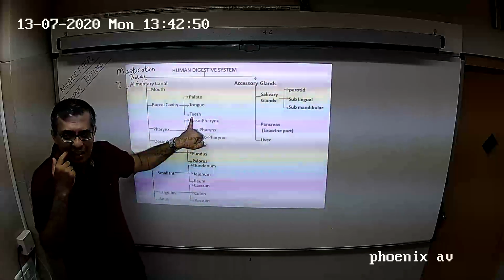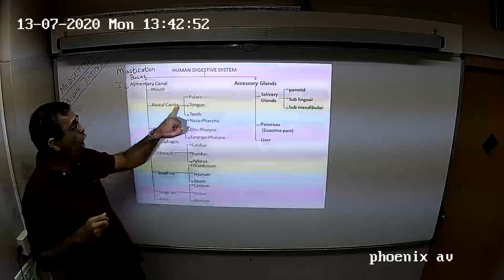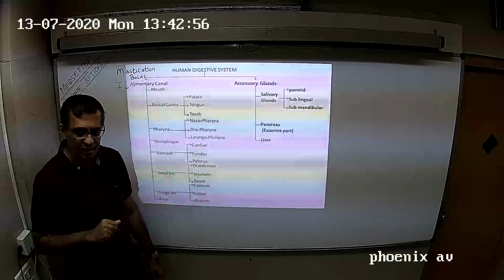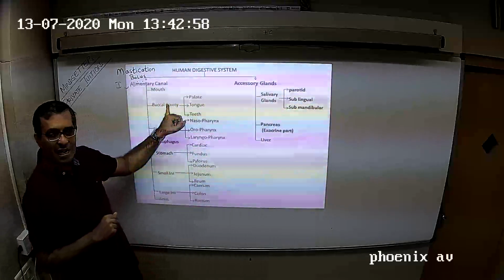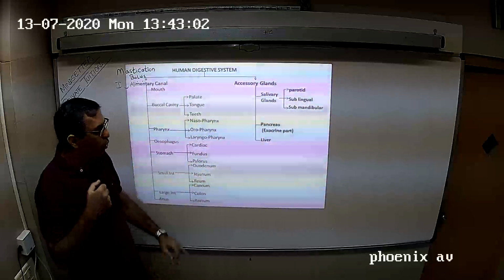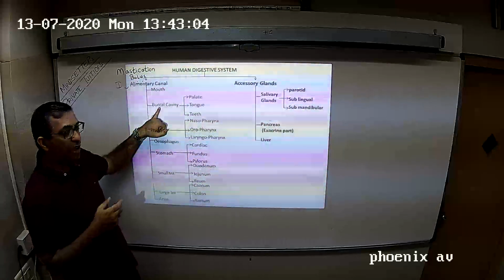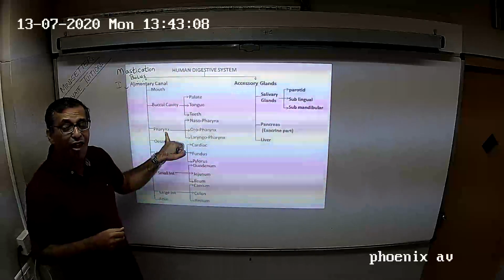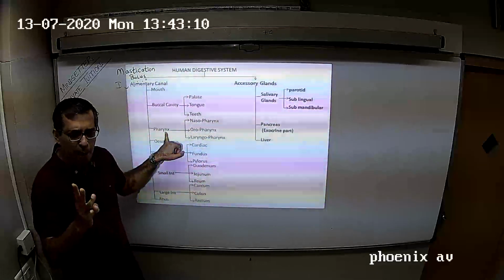Teeth and tongue help in the process of mastication and convert the food into a bolus, and that is in your buccal cavity. Then the tongue pushes the food down, and from the buccal cavity food will go into your pharynx. Pharynx consists of three parts.